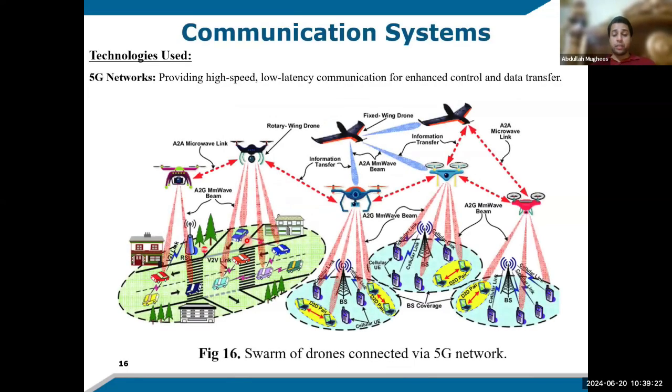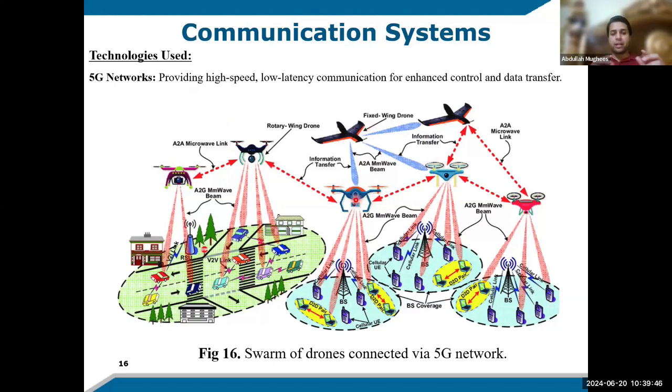Okay, so nowadays researchers are working on 5G networks for these drones as well, because 5G networks provide high speed, have low latency, are robust, and can transfer huge amounts of data. Let's say we have multiple swarming drones, with fixed wings and multi-rotors, all connected to each other and performing different types of tasks.